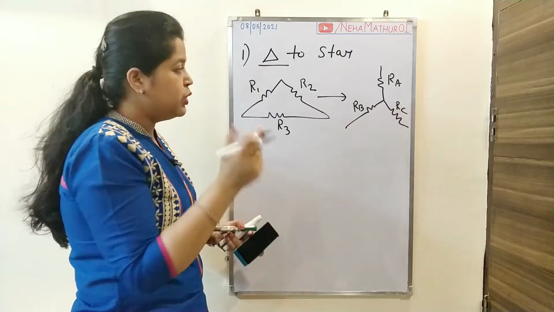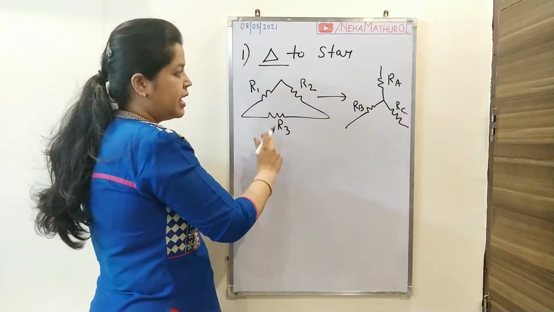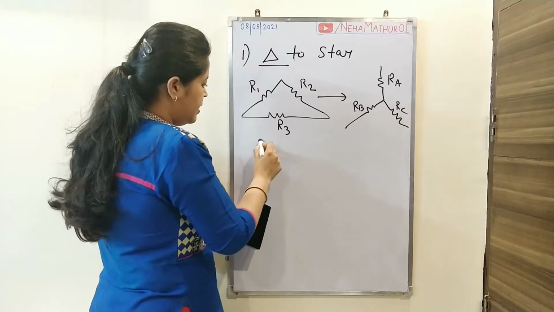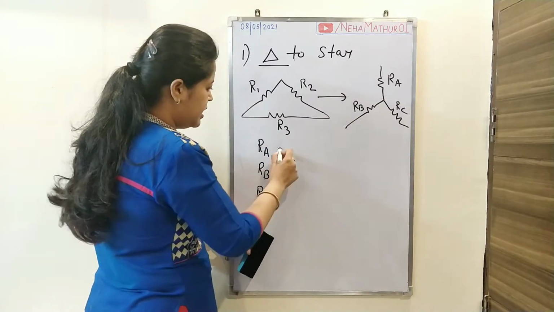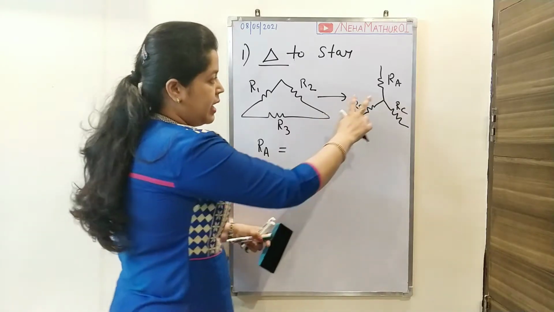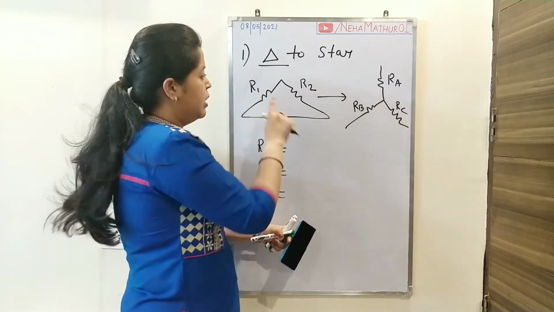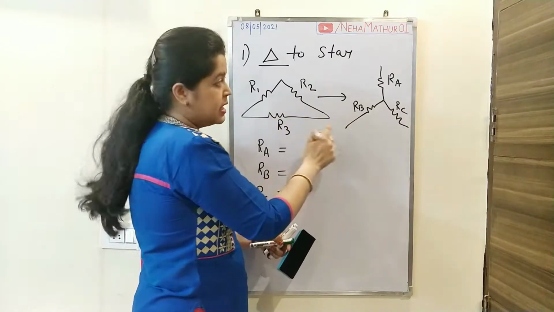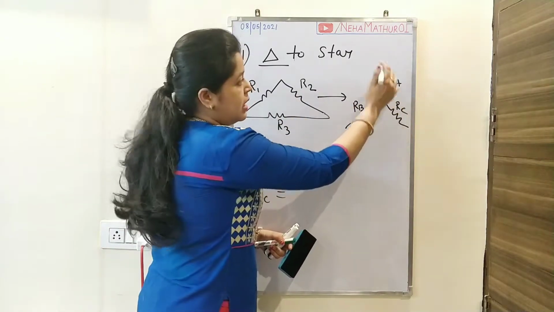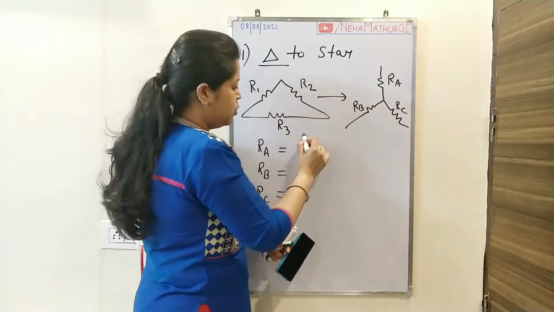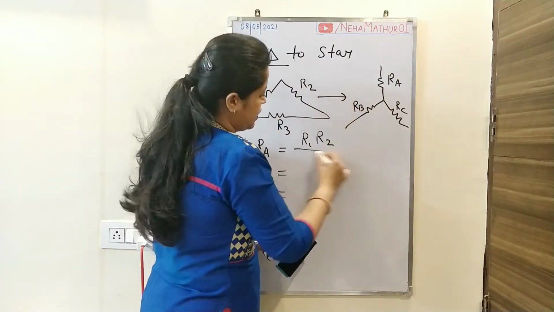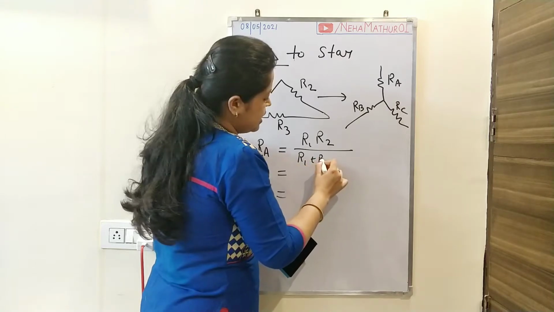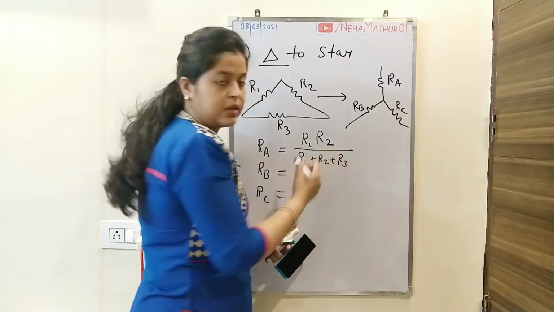So when you convert that delta into a star, you will get three new resistances RA, RB and RC. The value of RA can be calculated with the help of these two resistances. Since RA is between R1 and R2, it will be R1 R2 upon R1 plus R2 plus R3.